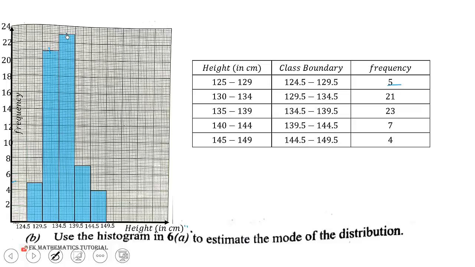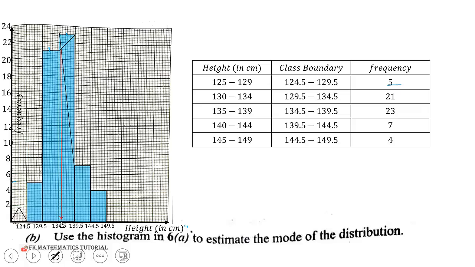And the B part of the question says that we should use the histogram in 6A to estimate the mode of the distribution. So we look at the highest bar over here, which is this one. We will connect them like this. So we connect the peak here to the peak here. Then we connect the peak here to the peak here. We can now trace downwards, and we can see that we have 2 boxes from 134.5.